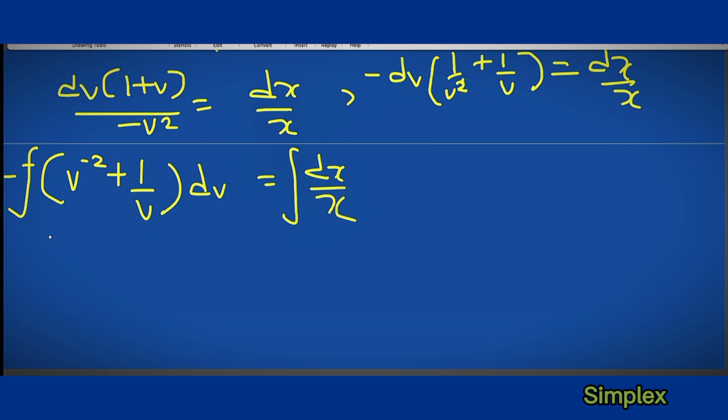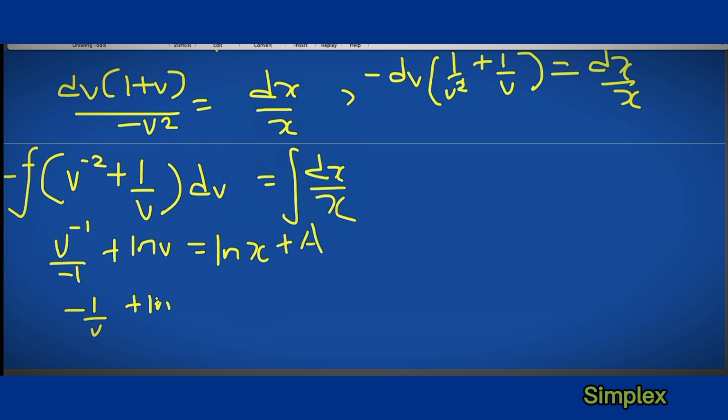So integrating this, we have v raised to power minus 1 over minus 1 plus ln v, which is equal to ln x plus a. So we have minus 1 over v plus ln v is equal to ln x plus a.